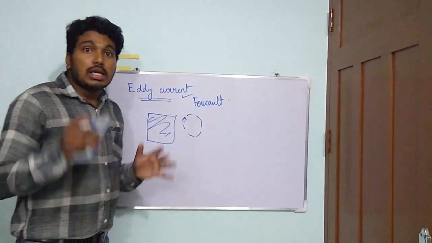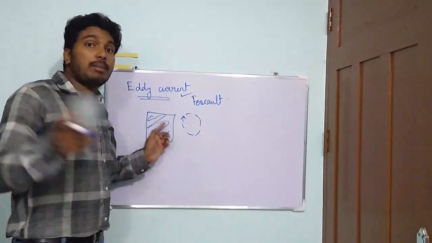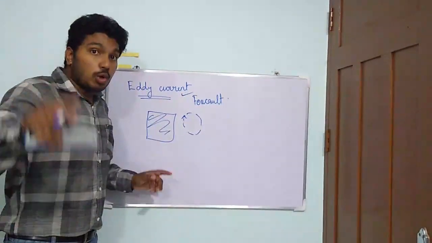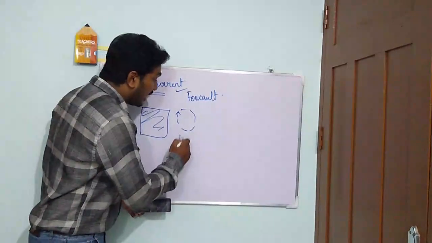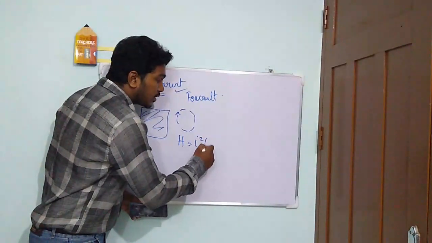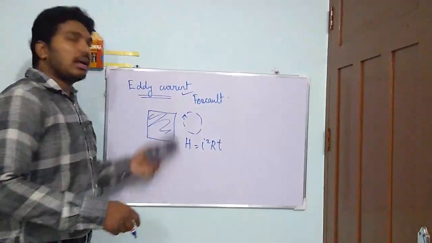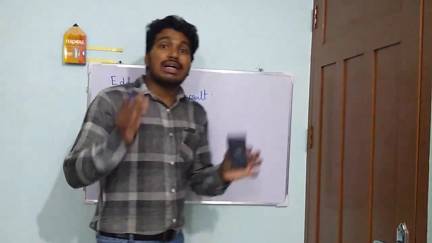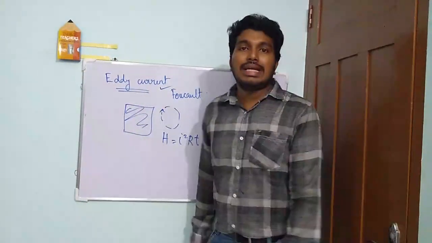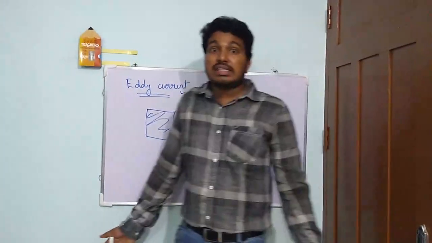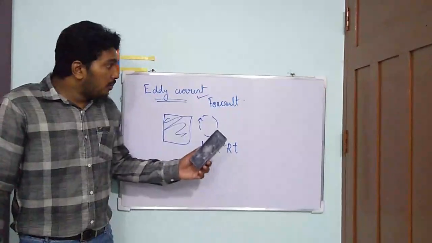Now the problem is, suppose a current is flowing in the bulk of the material. You know that when there is a current flowing, there will be a heating effect, H is equal to I square RT, right? It gets heated up, which means a lot of power is wasted there because of this eddy current. So it is not always very desirable in an object we are using.